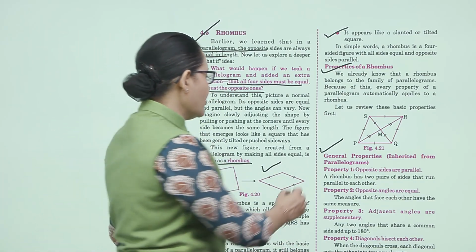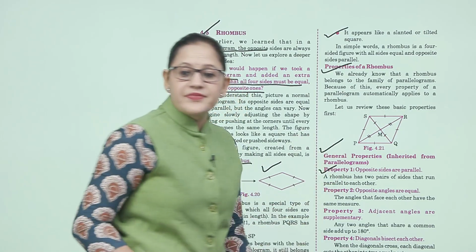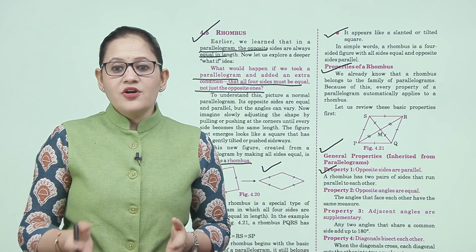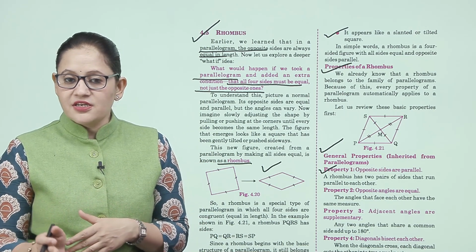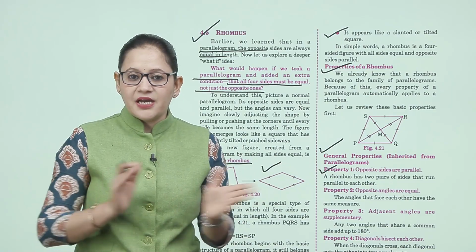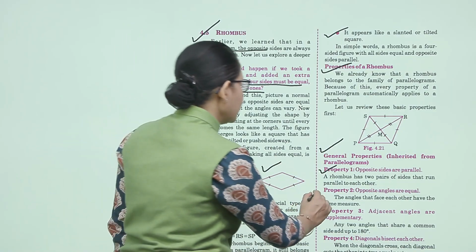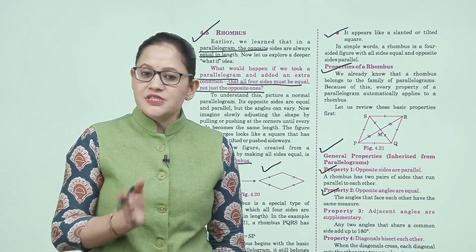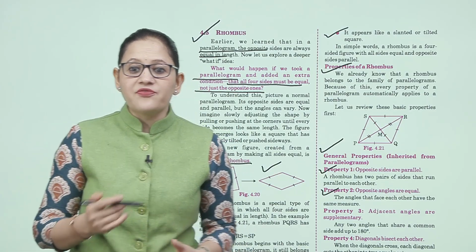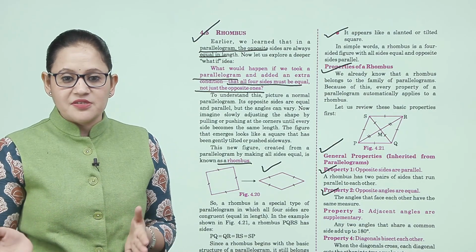Property 1, opposite sides are parallel. A rhombus has two pairs of sides that run parallel to each other. Next, property 2, opposite angles are equal. The angles that face each other have the same measurement.